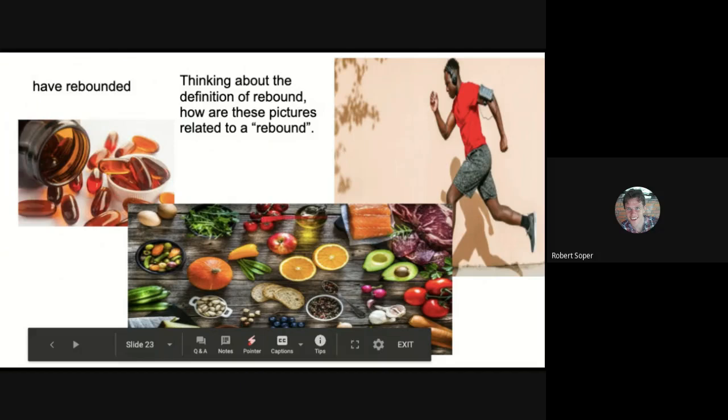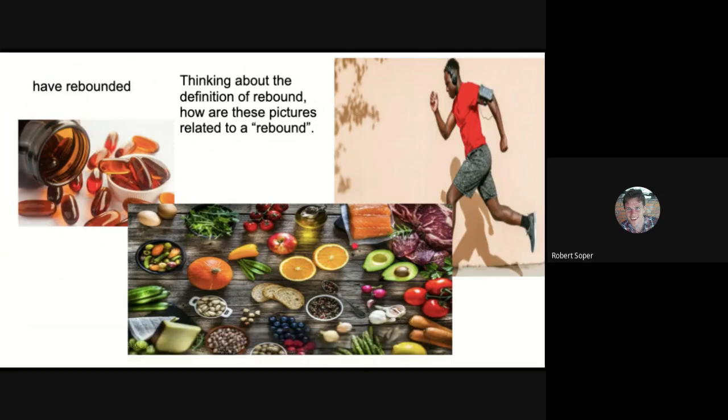Oh, salmon. Okay, and this is all healthy food. So again, this could be used to rebound from an illness. Again, to recover, to go from that negative illness state to a positive state, which is recovery and feeling better.